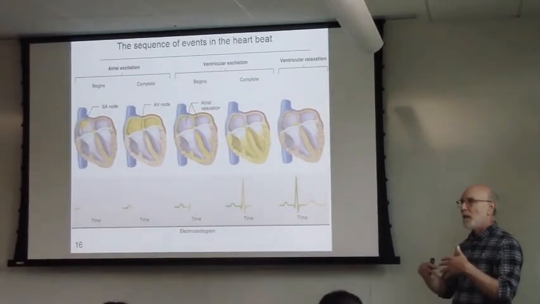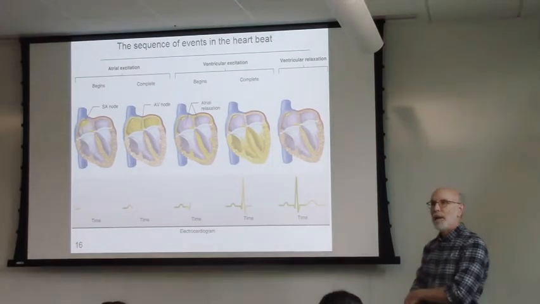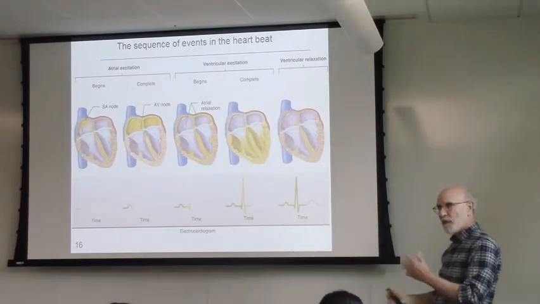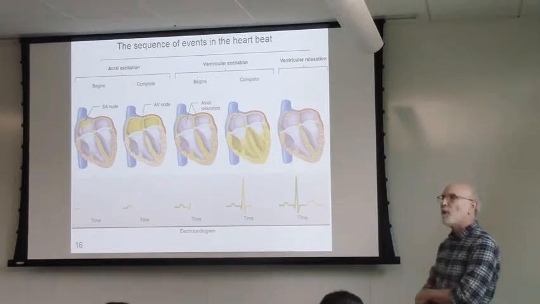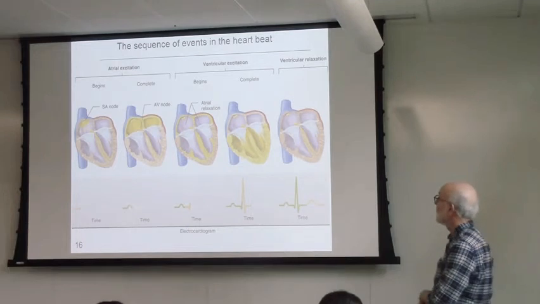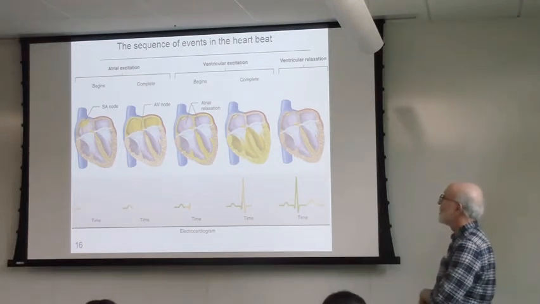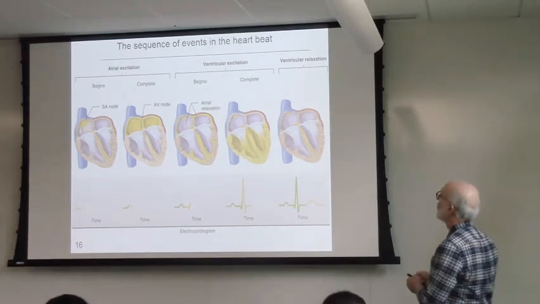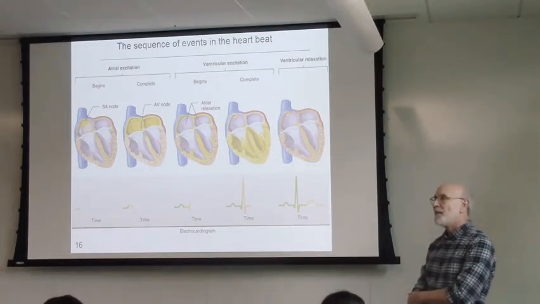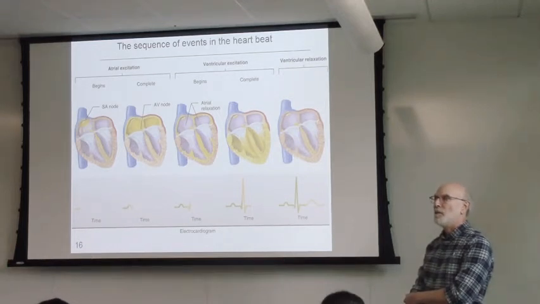I'm going to ask a question, and I'm going to ask you to volunteer to answer it. Rather than using clickers, let's just have some brave soul venture a potential answer. Why is the SA node normally the pacemaker?